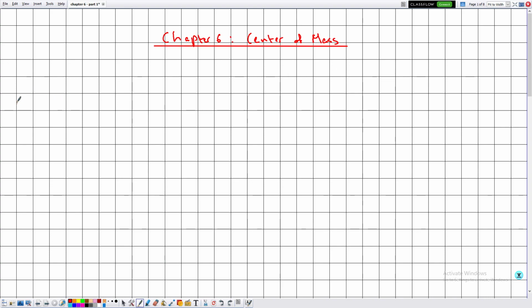And let me start directly with section number 1, center of mass of an object.